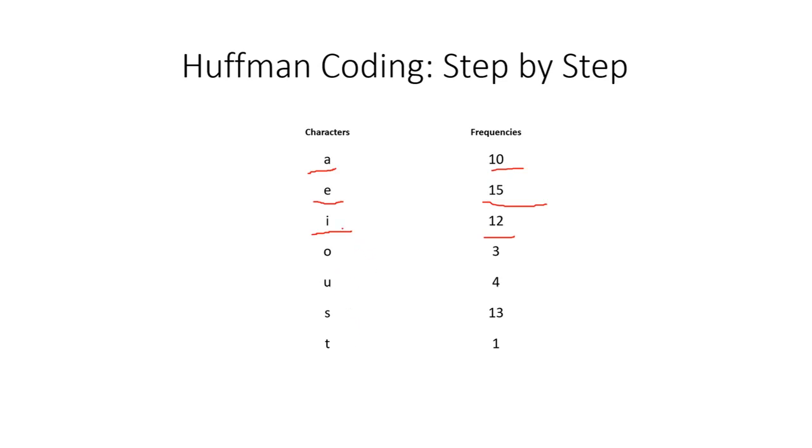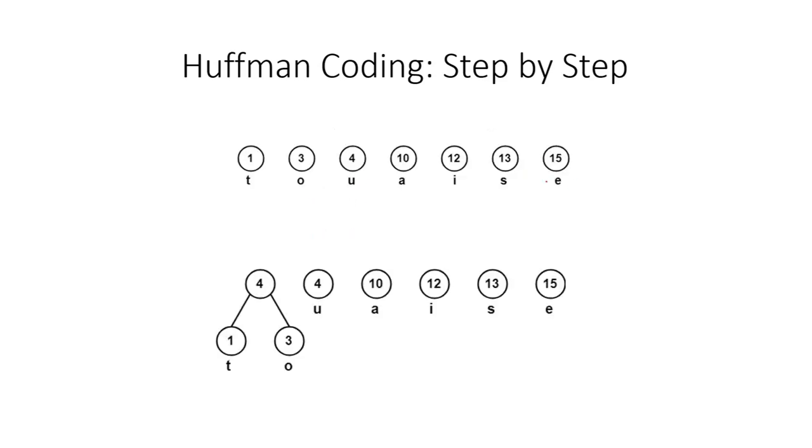So what do we do first? We sort these characters according to their frequencies, and we have this sorted data. Then we start to build the tree from these nodes. On each step, we take the frequencies with the least number.